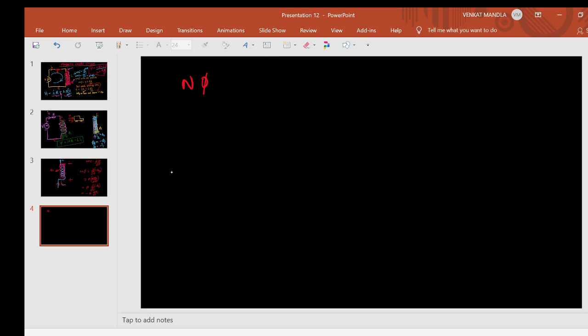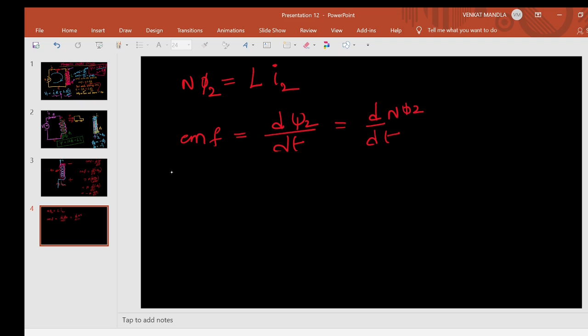N into phi equals L into I, so here n into phi 2 equals L into I2. So EMF equals d psi 2 by dt, which equals d by dt of n phi 2, which equals d by dt of L I2.